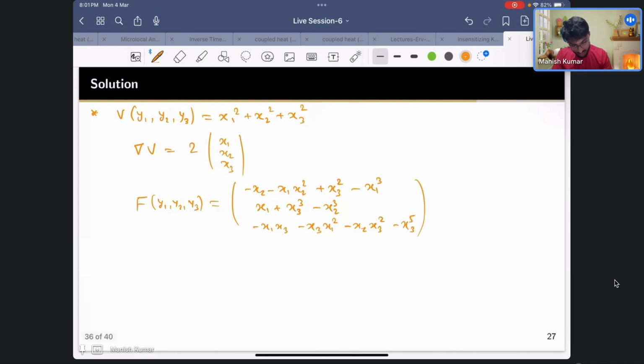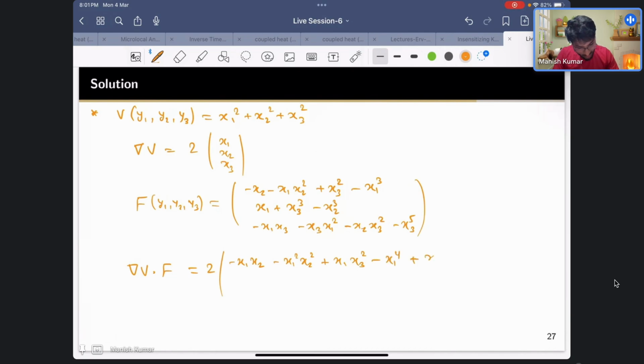So if you do this dot product, what you get is 2, so you multiply with x1 the whole thing, so minus x1 x2 minus x1 square x2 square plus x1 x3 square minus x1 raised to the power 4.